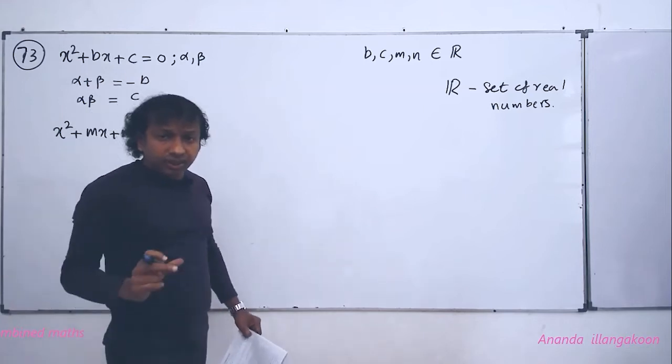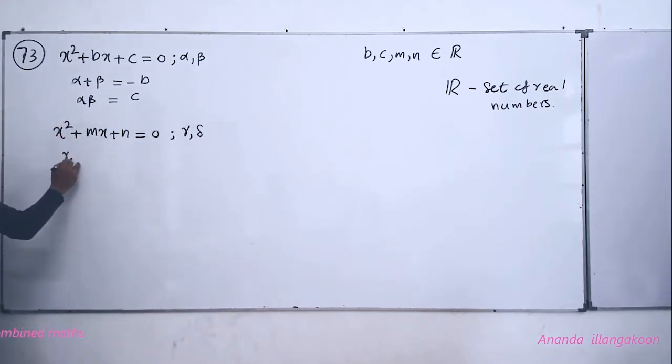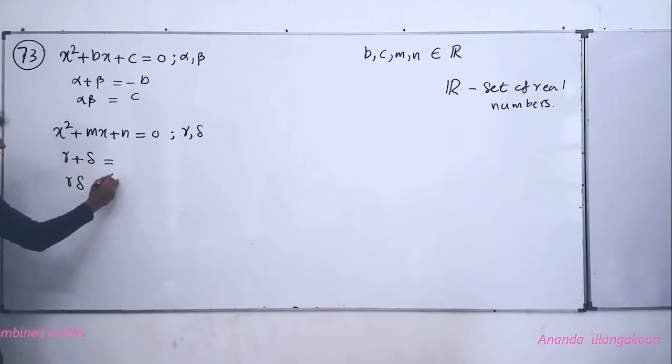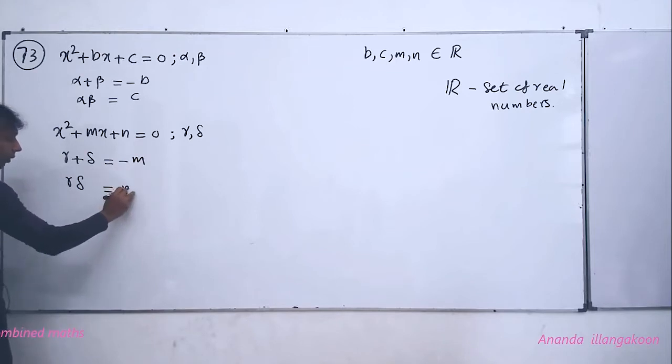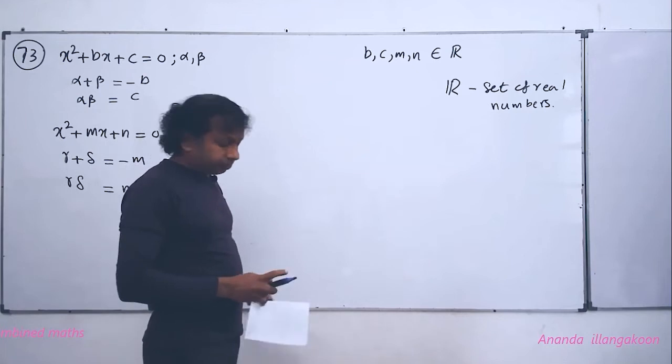Like that, for the second one also, we can write gamma plus delta and gamma delta product. It's minus m and n. Like this. Okay.